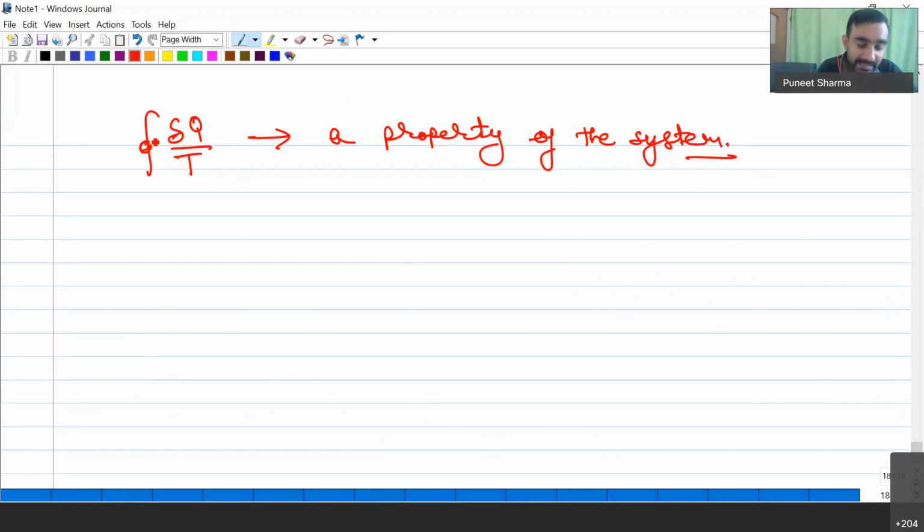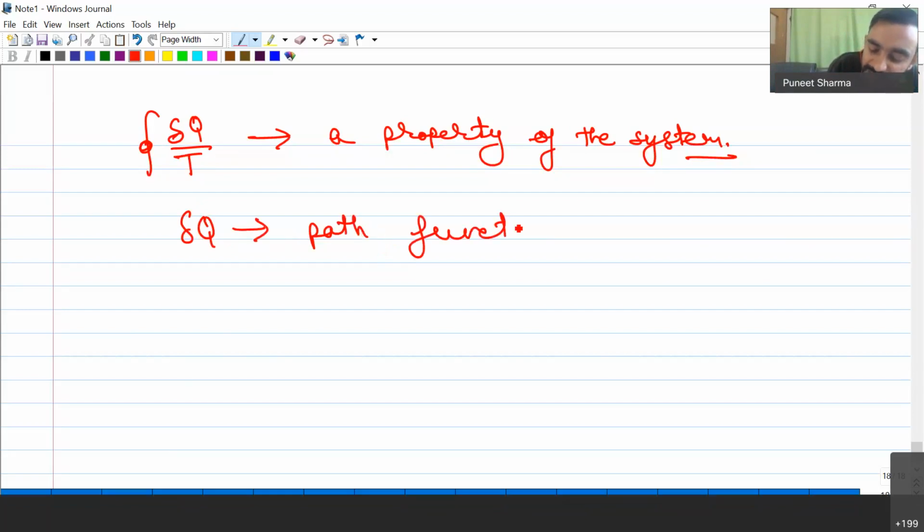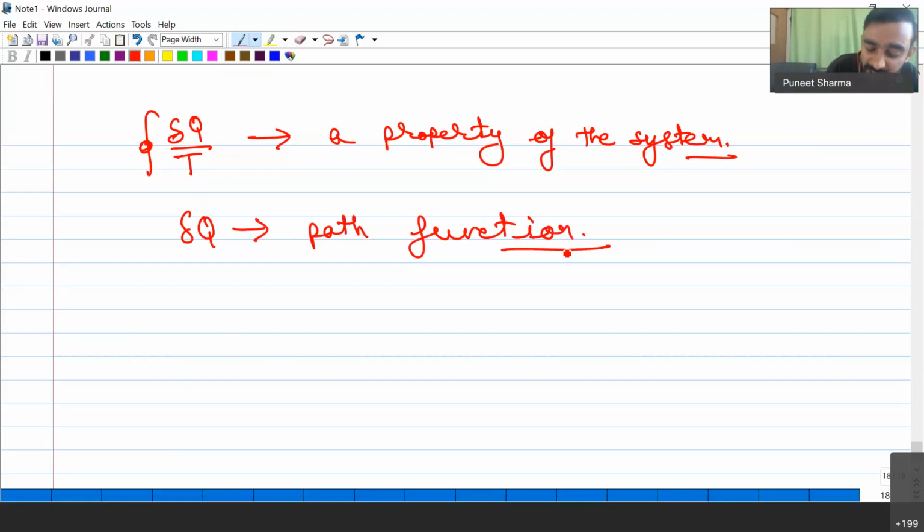Any change of property for a cycle is equal to 0. Because of that, I am saying that the cyclic integral of del Q by T is a property of the system. If we simply talk about del Q, it is individually a path function. So del Q is nothing but a path function and it is not a property of the system.